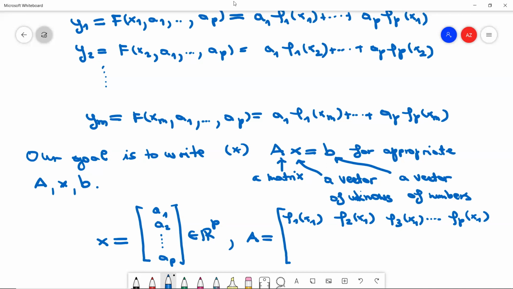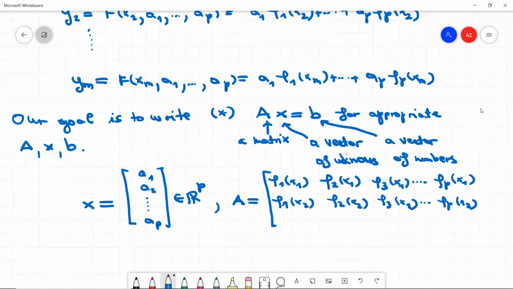And then I do the same for the other equations. So in the second line we have, again, phi1 up to phi p evaluated at the point x2: phi1 x2, phi2 x2, phi3 x2, and so on, phi p x2.